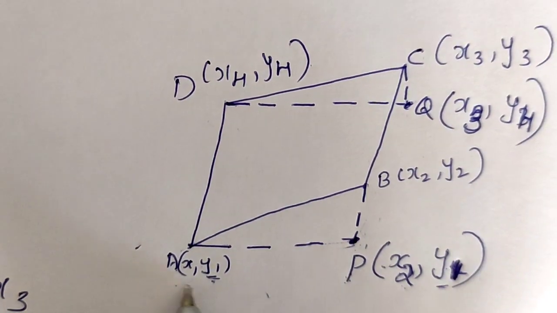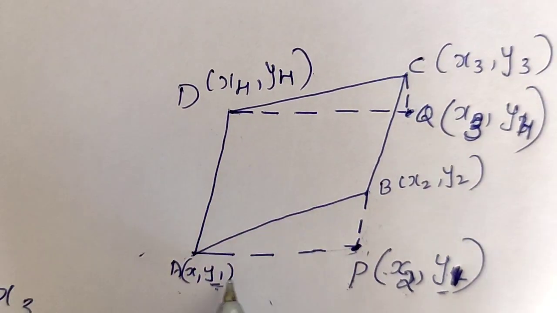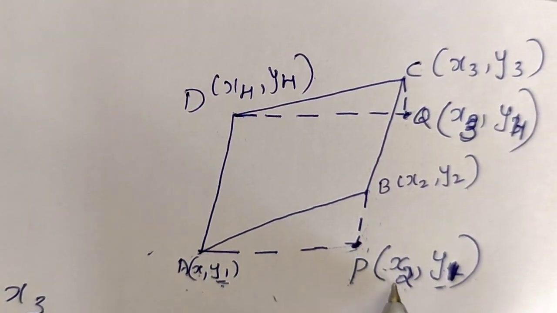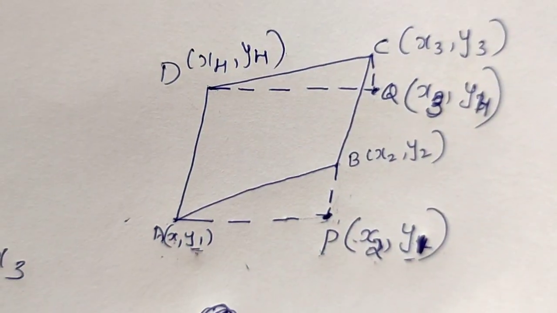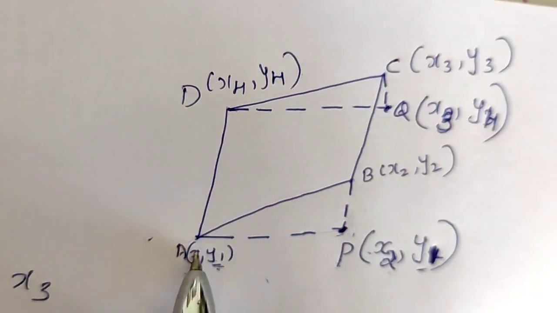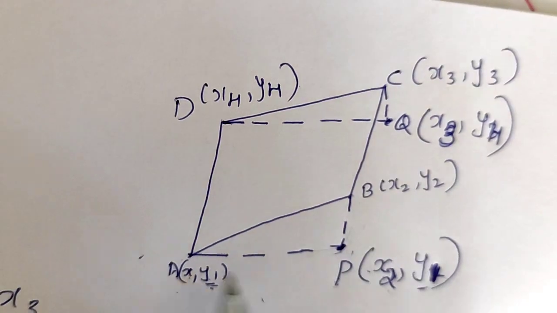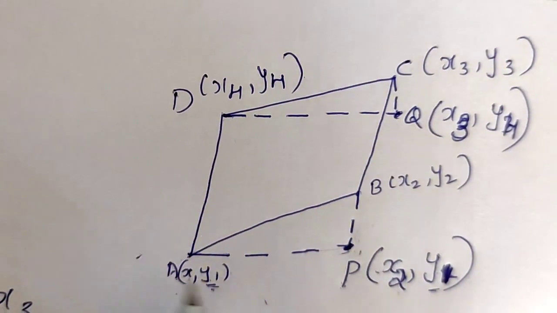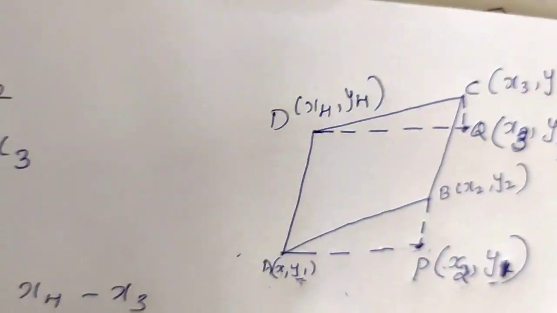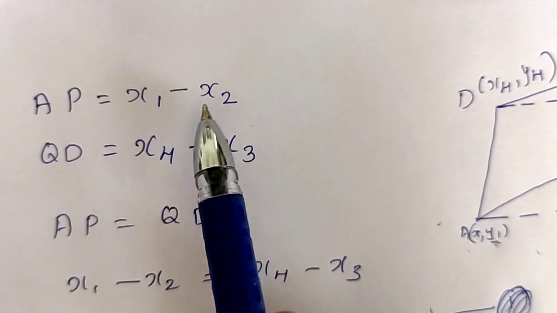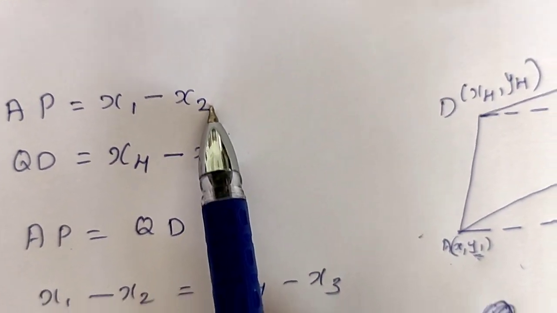If one coordinate in each is equal, then the difference in the non-equal coordinates is the distance between them. So here the y coordinates are equal, so the difference in their x coordinates is the distance between them. That is, AP is equal to x1 minus x2, the difference in their x coordinates.